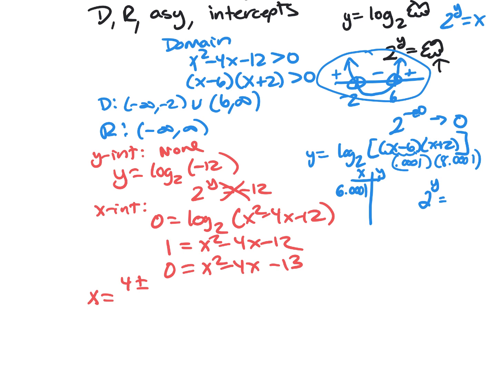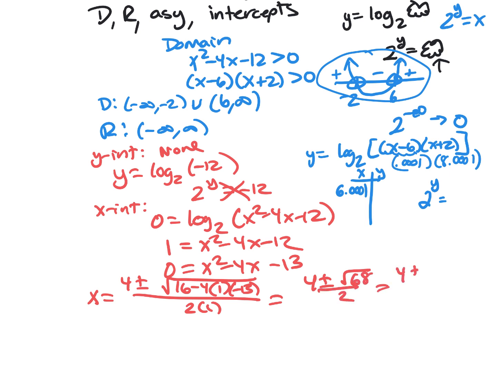Maybe people think it's unfortunate because it can be a little bit messy. So b squared minus 4 times a times c over 2a. But hopefully it'll be simple enough that we can estimate these x-intercepts. So this is going to be 16 plus 52, which is going to be 68.